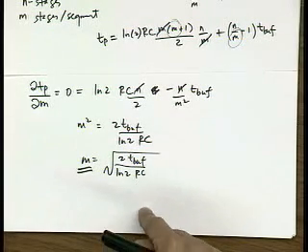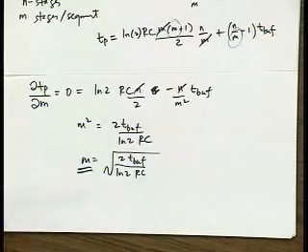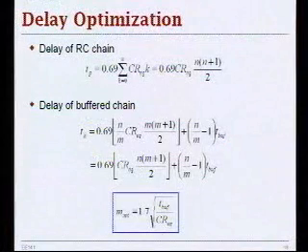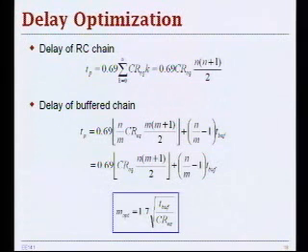If you go to the slides, then you see that. Did I make a mistake? Okay, good. So this is the delay of the buffer chain here. I'm sure the square root of 2 over ln2 should be around 1.7, hopefully.